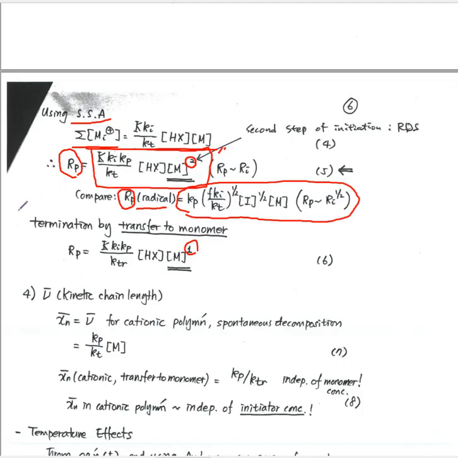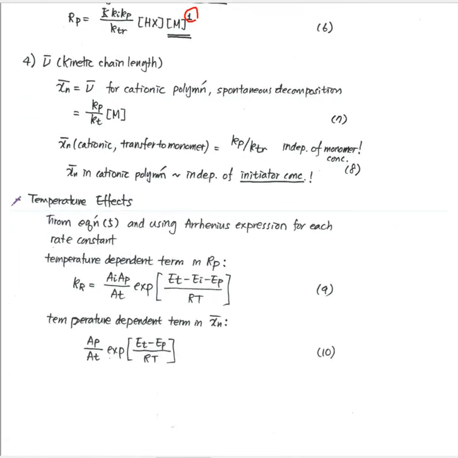And kinetic chain length. We can just use the same definition that we used in dealing with kinetic chain length in free radical polymerization. You remember, right? Kinetic chain length was defined as the propagation rate divided by the initiation rate or termination rate.